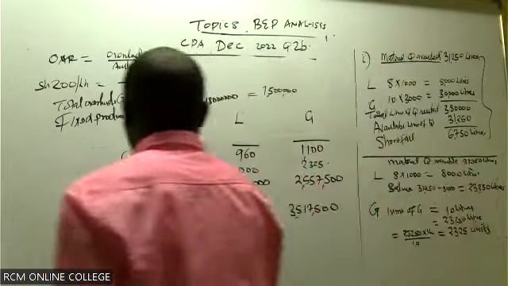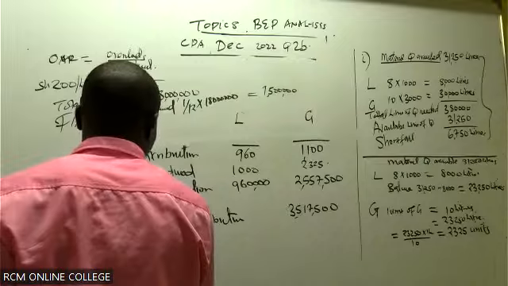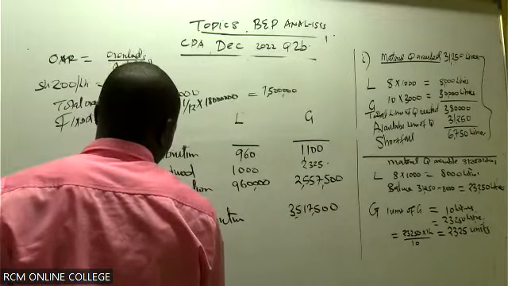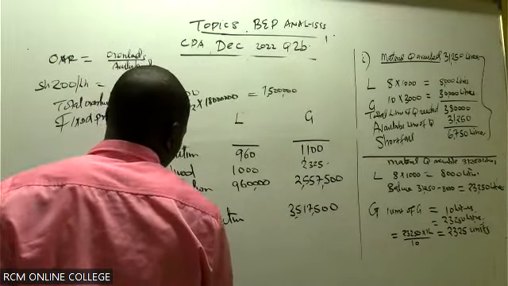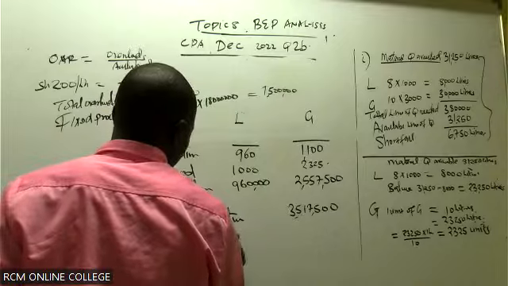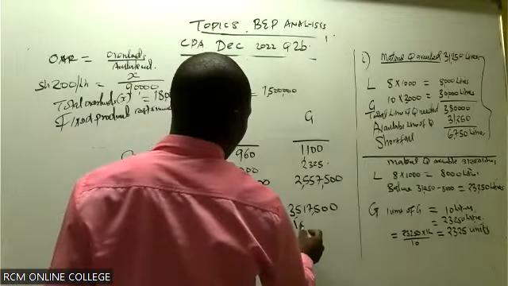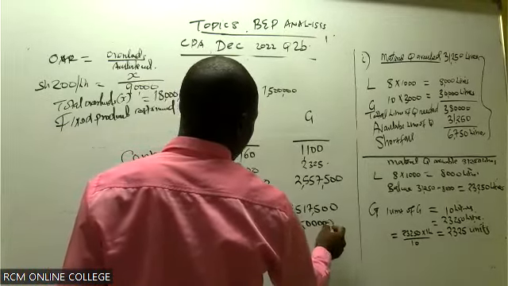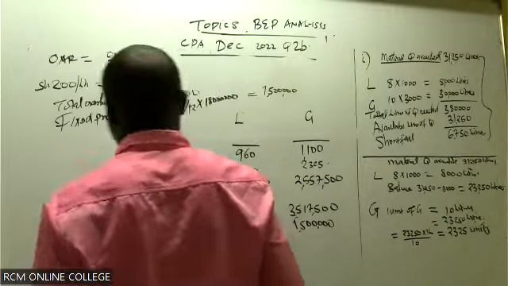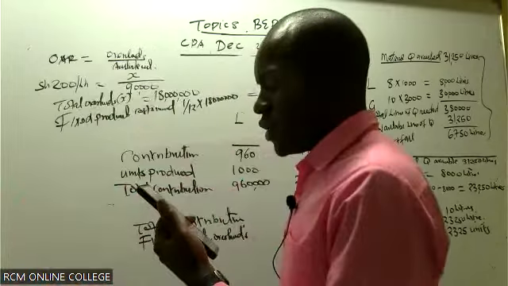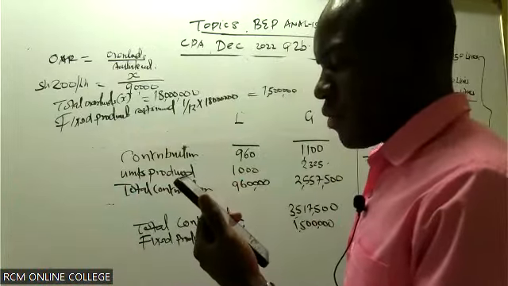Then we have less fixed production overheads. The fixed production overheads are 1,500,000. Then additional information number 2.